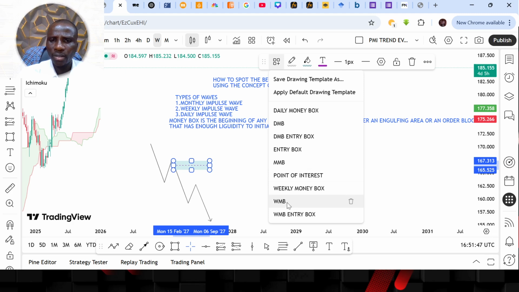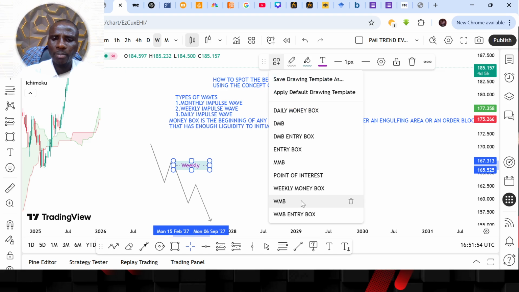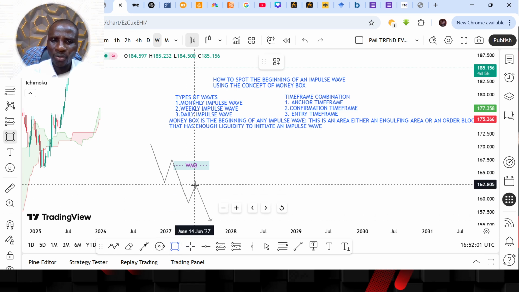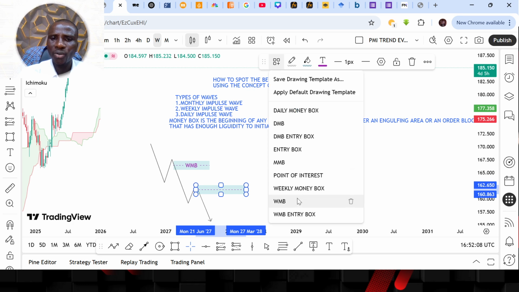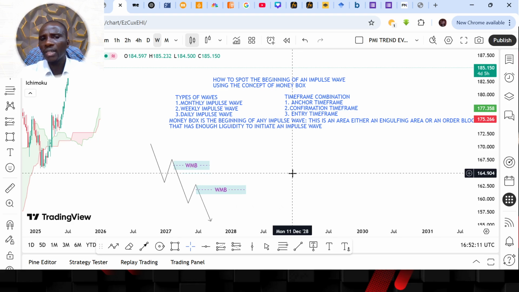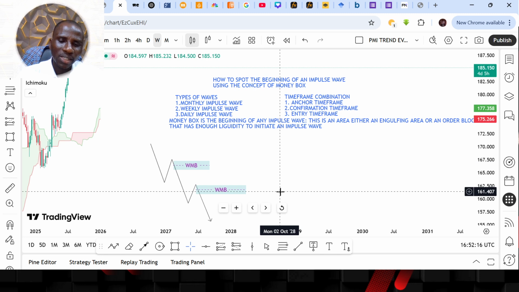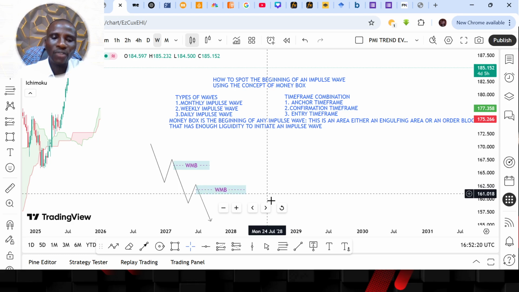Let me say this is the weekly money box, WMB. Because this is a weekly chart, if the trend continues, you will still see something like this at the beginning of the next impulsive wave. Now, if you can understand how to spot this money box and position for it, it means you will join the wave right from the beginning.